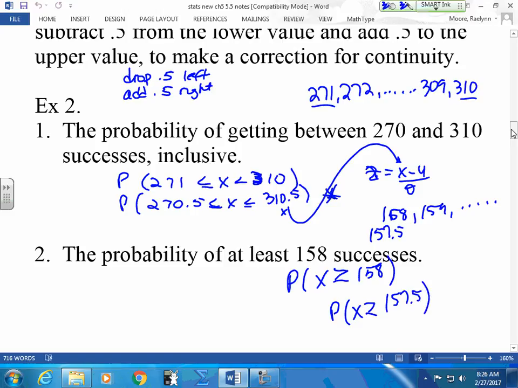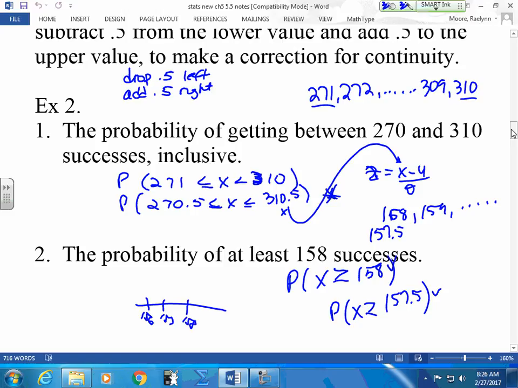Will I ever hit a 157.5? No. What's the first number that I will hit? 158. And isn't that what I want? 158. So why do I do this? Because it's a little bit more area underneath my curve. My curve right now, when I take my binomials, says 156, 157, 158.